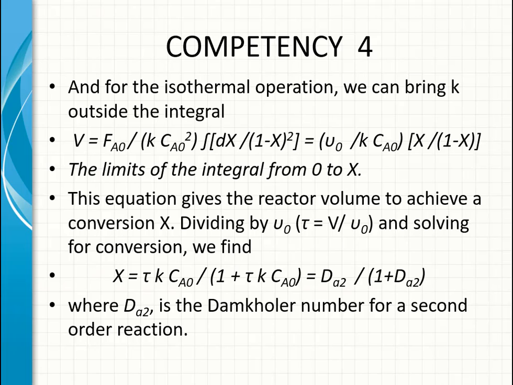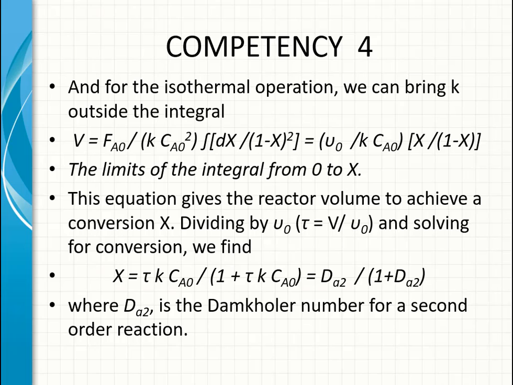So we will have that the volume is going to be FA0 divided by k CA0 squared times the integral of dX divided by 1 minus X to the second power.